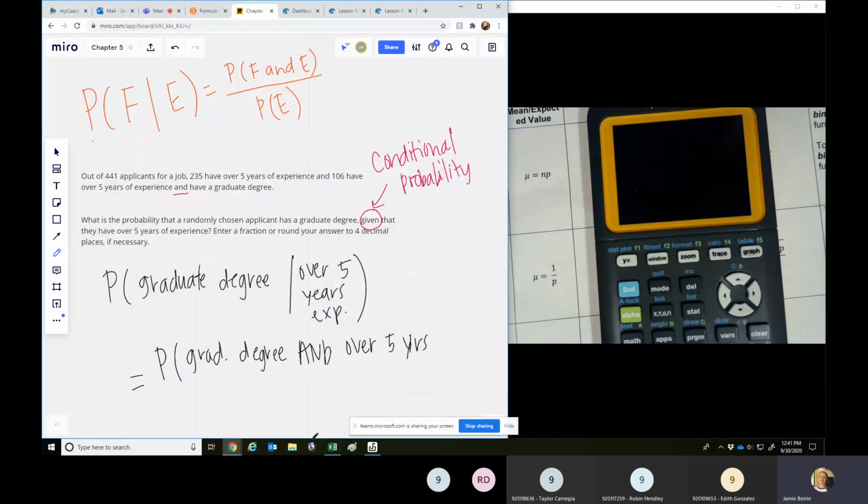Abbreviating here because I'm running out of room. Oh, goodness gracious. All right, and then our formula says divided by the probability of the second one, so probability of over 5 years experience.